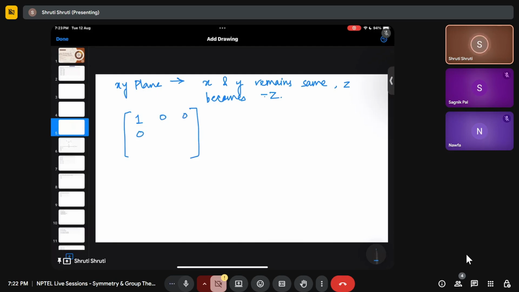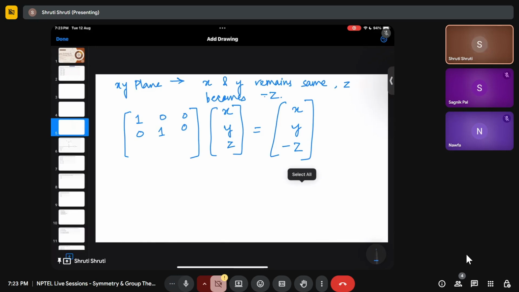1 0 0, 0 1 0. You remember these diagonal elements are getting multiplied. We want the answer to be x, y, minus z, because x should not change, y should not change, but z should become minus z. So we put -1 here, and the rest will be 1 and 1.